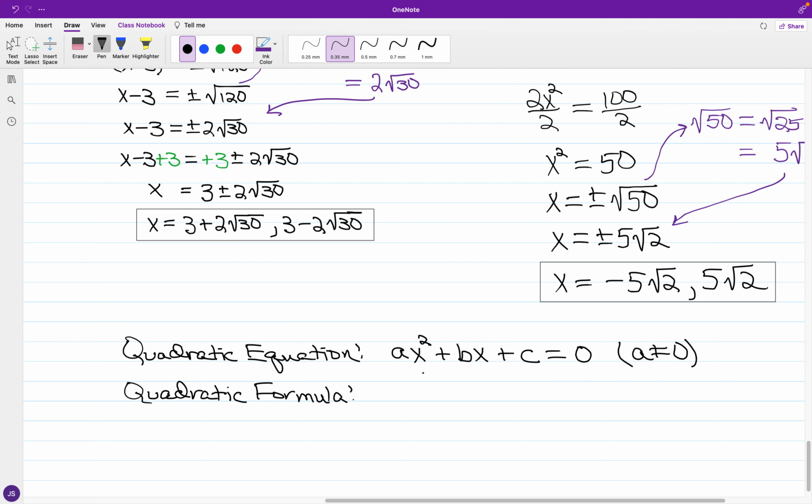This would be taking and rearranging what we have with a, b, c, and x in this equation, where we can solve for x. It's a long, convoluted route in terms of solving this equation.